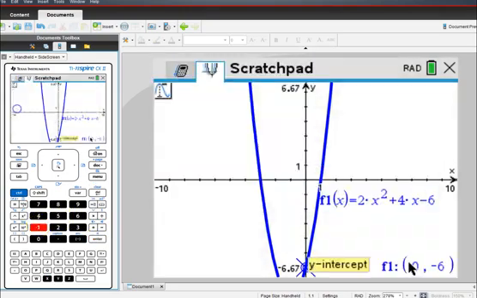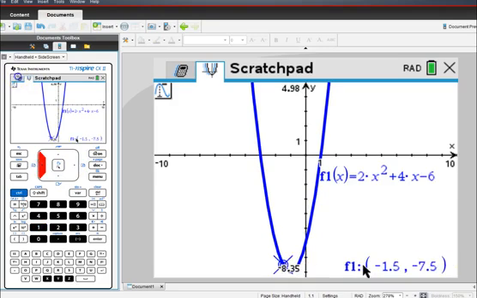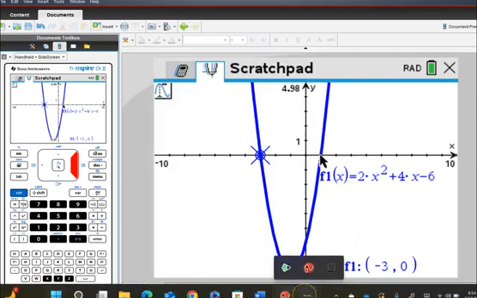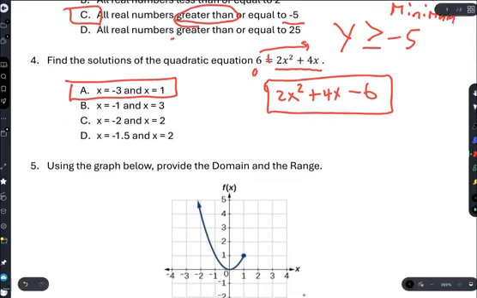So menu 5, 1, I'm going to go to the right 0, which is 1. And then I'm going to go around to the left, which is negative 3. So my zeros are negative 3 and 1. Those would be my zeros.